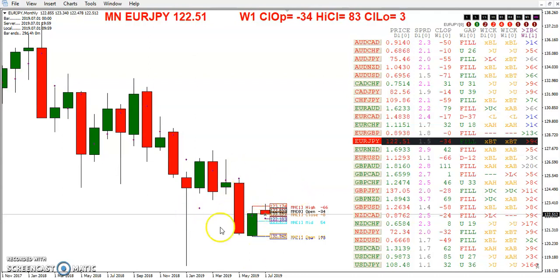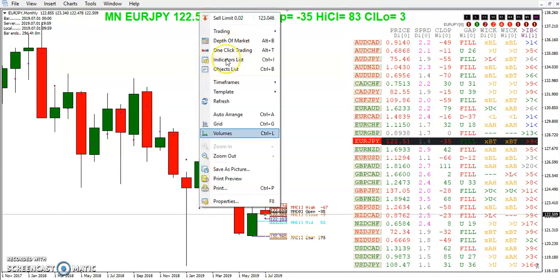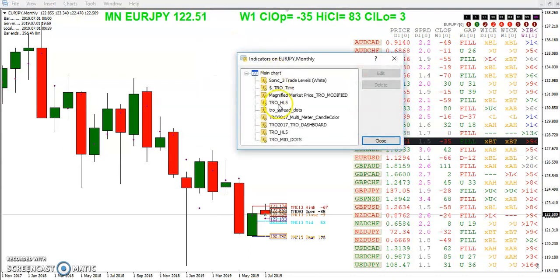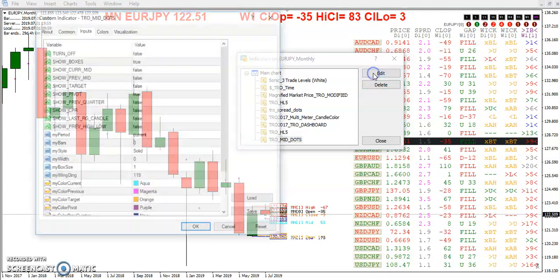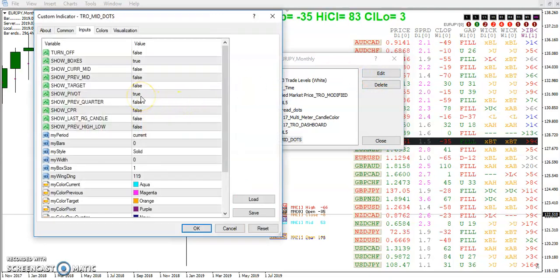So once again, we can use the same analysis that we use on the lower time frames on the monthly as well. And you see here we've got that. I believe this is the monthly pivot. No, this is the previous. I'm going to have to remember here. I believe this is the previous month's pivot.